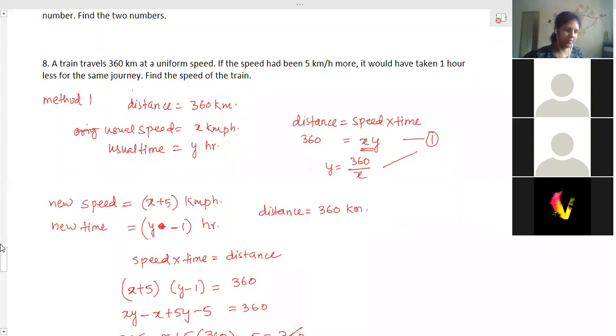But by practice that habit can be changed. And this is an important question. Sometimes it is asked for 4 marks also.